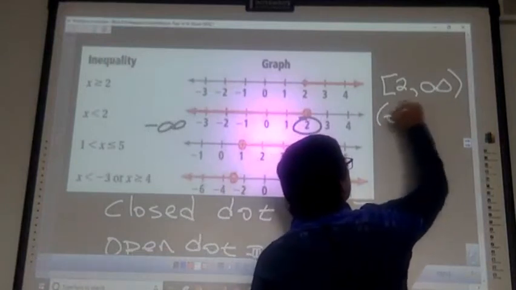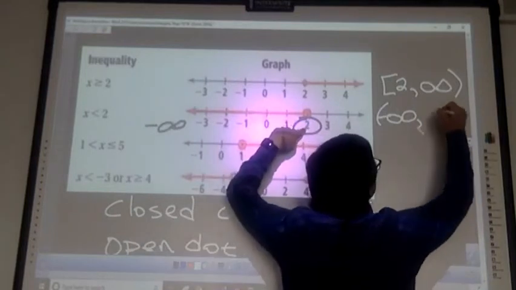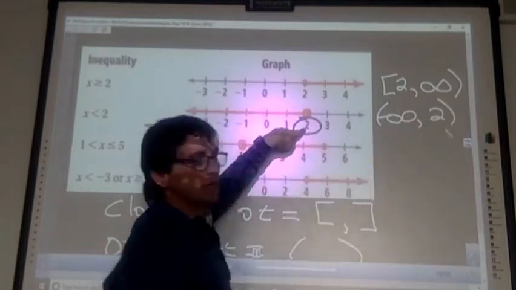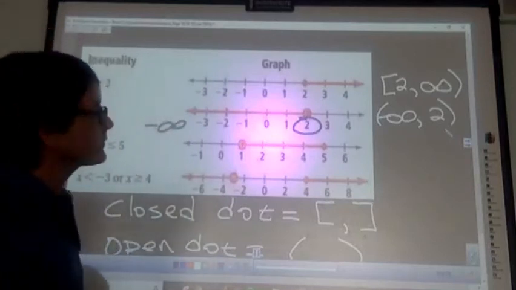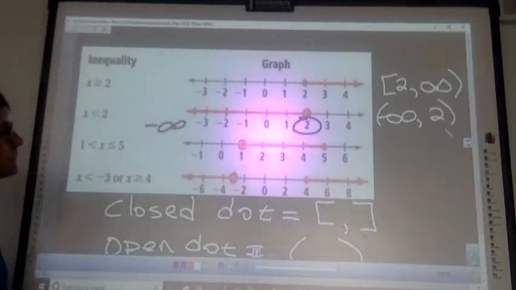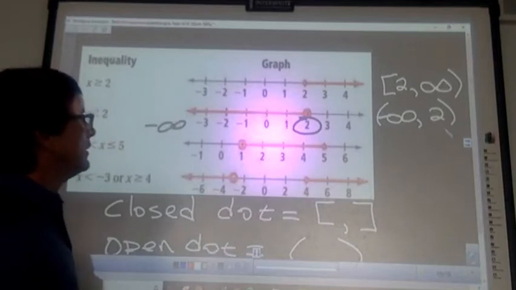This is negative infinity, comma 2. Because it's an open dot, that's why it has that curved parenthesis. We'll do a ton of these, okay? So if you don't get it yet, you will.